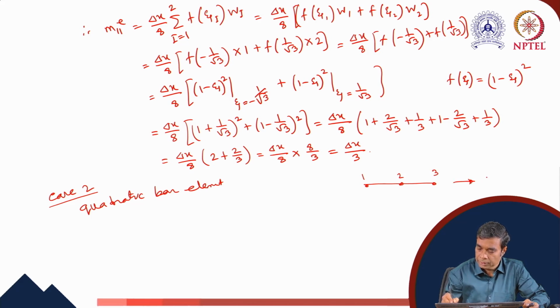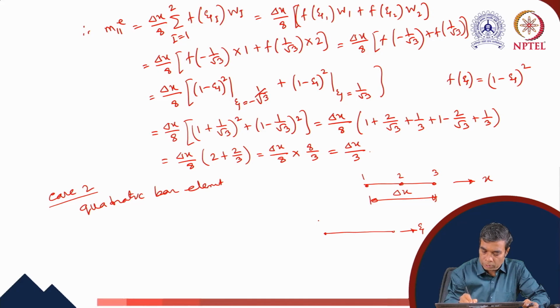This is in the global coordinate system x. So this is our mesh size delta x, and in the natural coordinate system we have the local node 1 with xi equals minus 1, local node 2 with xi equals 0 and local node 3 with xi equals 1.